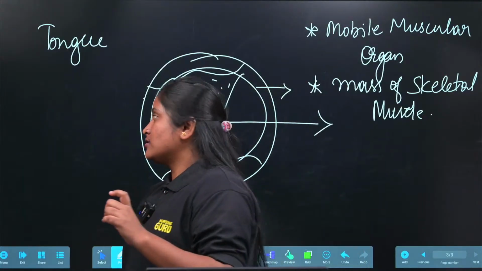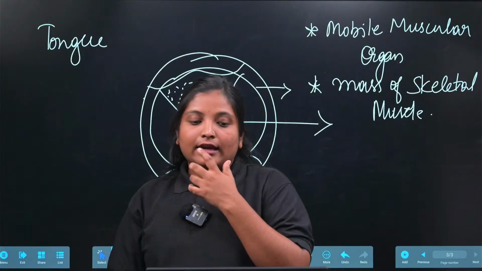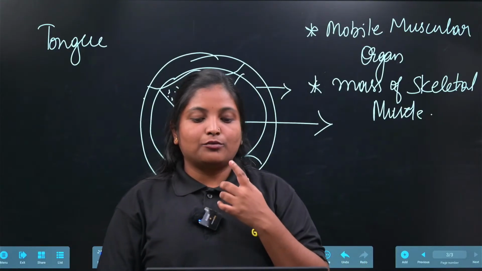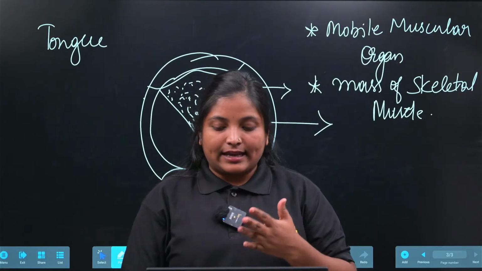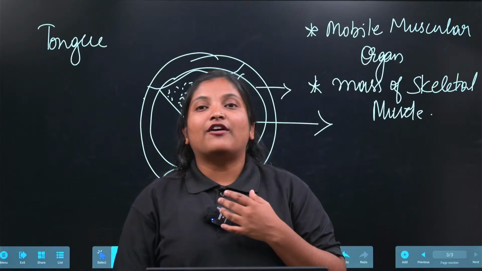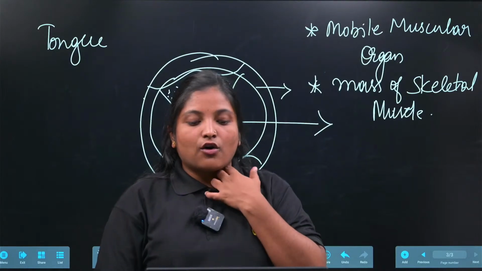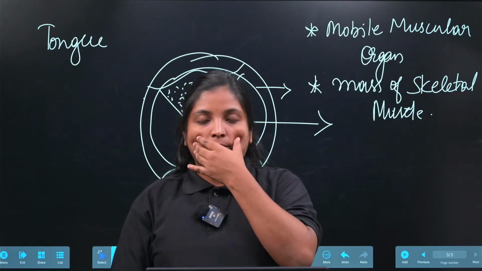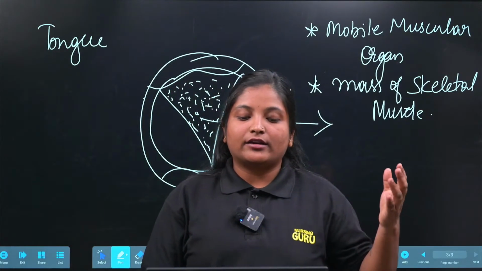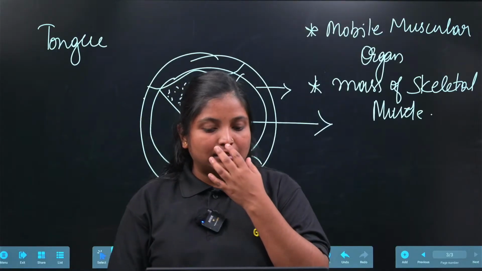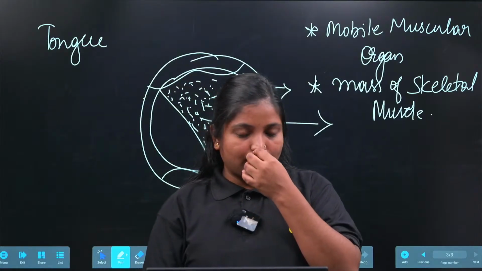Here you can see that the muscle mass is separated into right and left. That midline we call the fibrous septum.